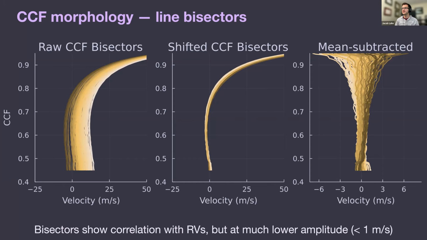So there is some correlation with the oscillation RVs in the line bisectors, but not enough to fully explain the RVs that we're measuring. And so it's likely that this bisector is perhaps a second order effect.